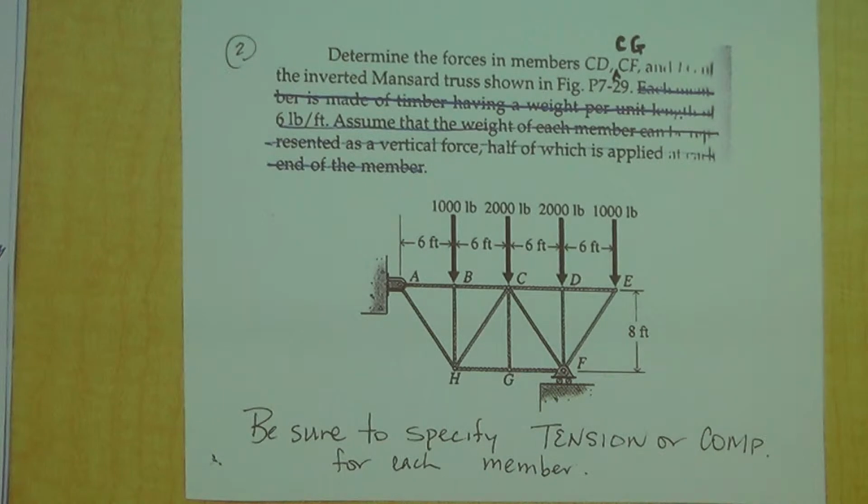Okay, so let's look at all the forces on this. So Sam, we're up to you. What's happening at A? What kind of connection is that? A pin. So we're going to have an X and a Y, right?